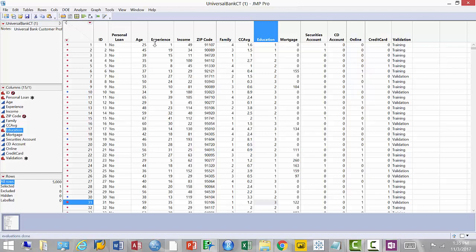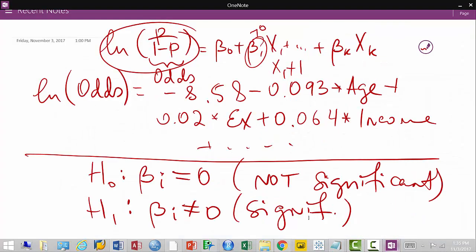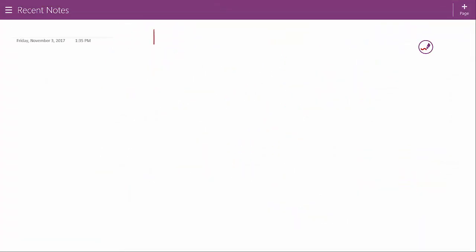Now, here is the reminder for you, ladies and gentlemen: how categorical variables are handled every time in simple linear regression or logistic regression. Each time I have a categorical variable with k levels, how many dummy variables do I require to represent these k levels?